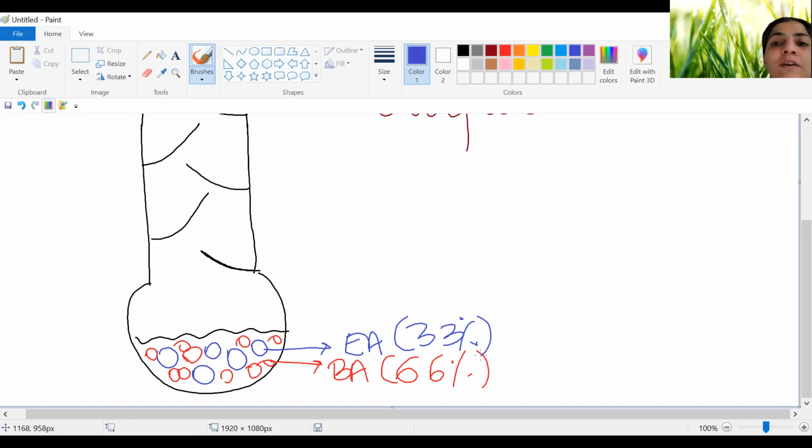But when you start to heat up this solution, we will see that our ethyl acetate, being lower in boiling point, will evaporate and be collected after condensation more than the butyl acetate.